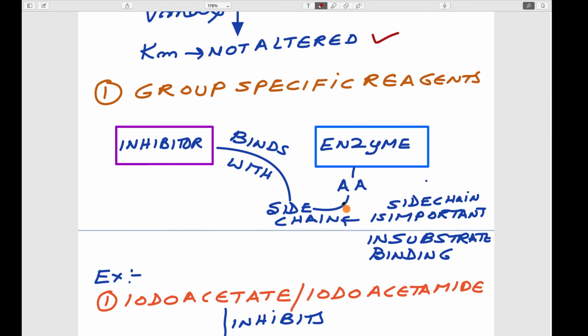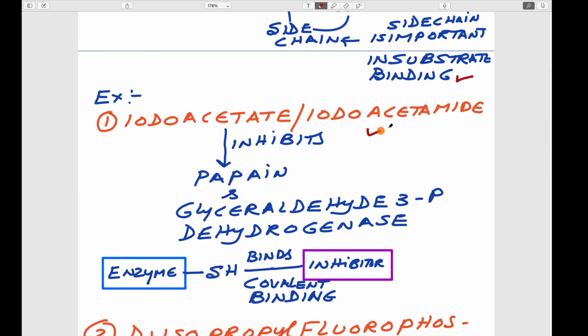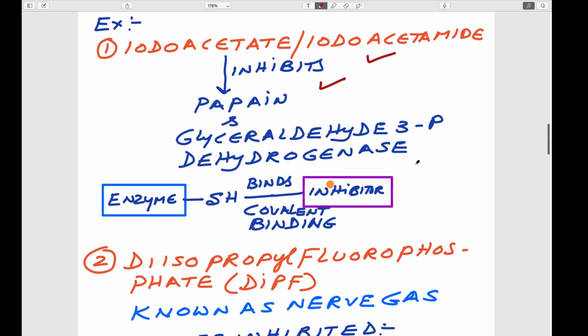In the group specific reagents, the inhibitor binds with the side chain of an amino acid of the enzyme, those side chains which are important in substrate binding and catalysis. Examples are iodoacetate and iodoacetamide. They inhibit papain and glyceraldehyde 3-phosphate dehydrogenase, an important enzyme of glycolysis.